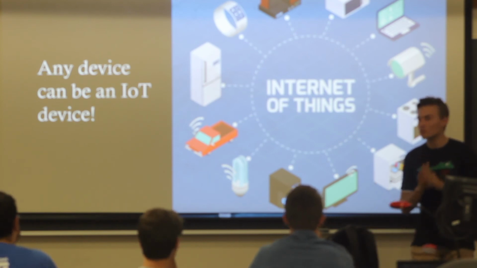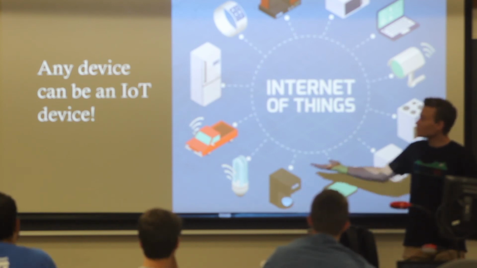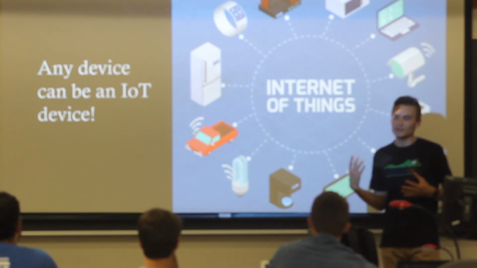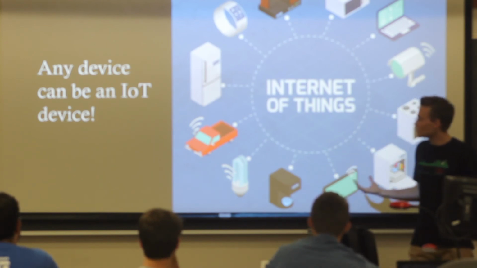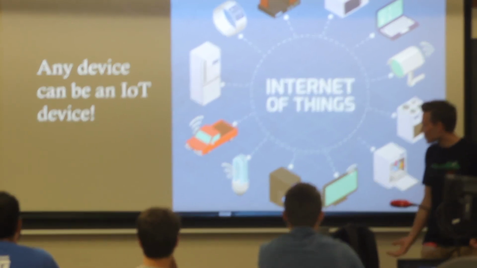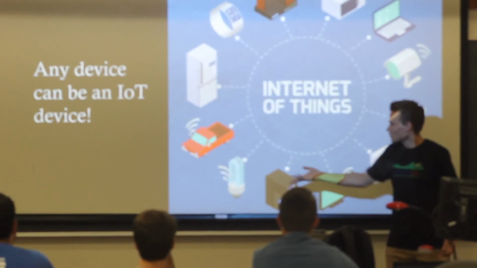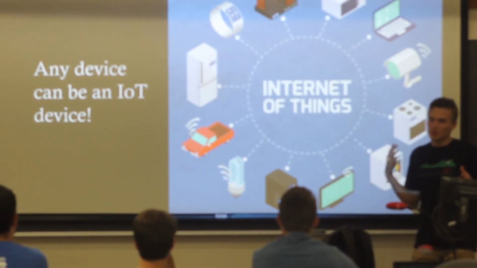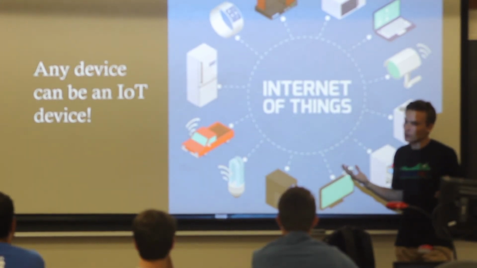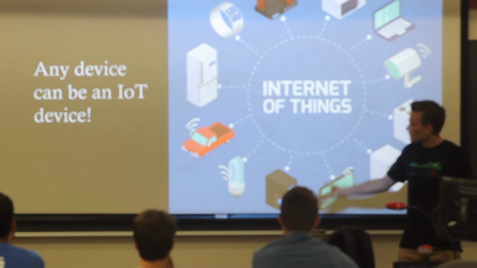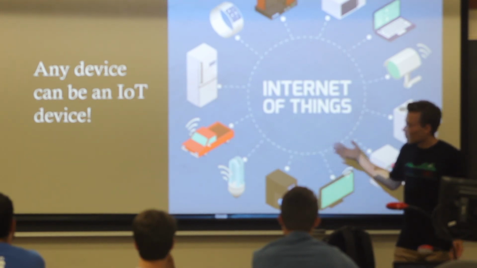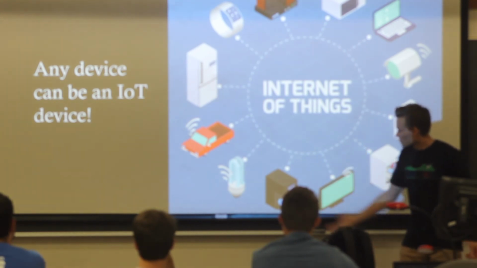Yeah. So moving forward, any device, as you saw, can be an IoT device. You're essentially just making a smart device, giving some sort of capacity for your coffee maker or your lights to interact over Wi-Fi or some sort of communication protocol to do various things, maybe dim or turn on or start your coffee.